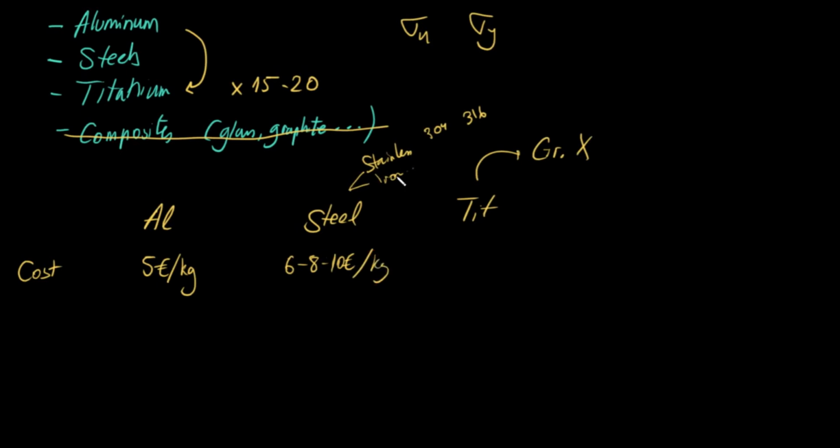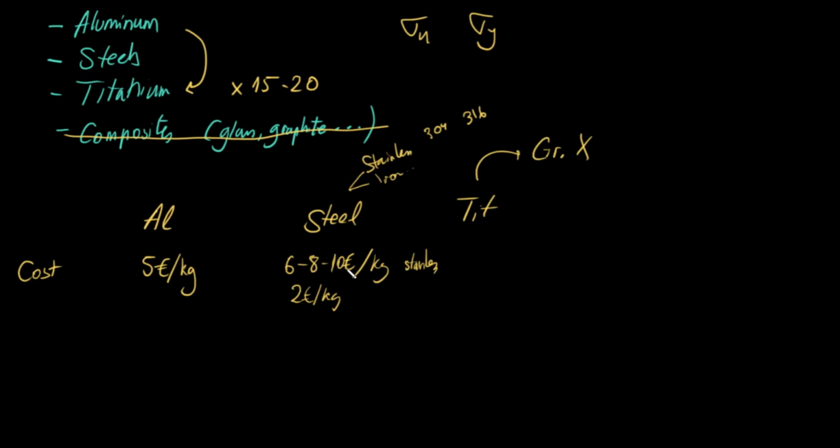Then for iron, steels that do rust, the price is way lower, maybe 4 times lower than stainless. Let's say iron is maybe €2 per kilo. So it's cheaper than aluminum.